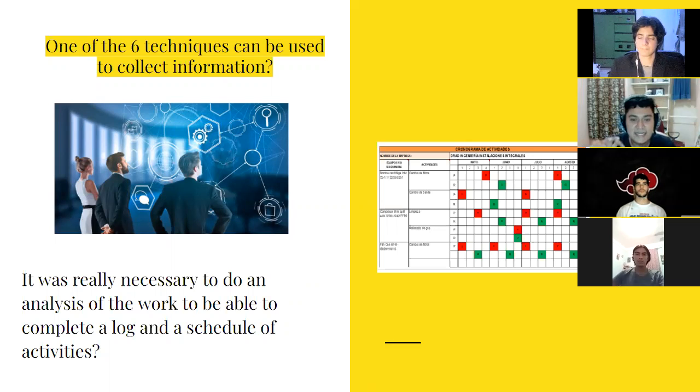This is one of the six techniques, and I could use it in this point. This analysis helps us a lot to understand the problem. The main problem the company had was the use of incorrect, non-continuous information, and it was not safe.